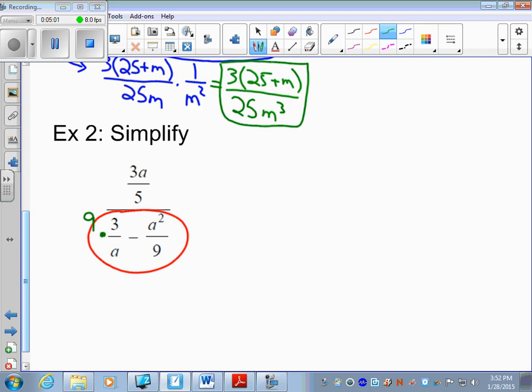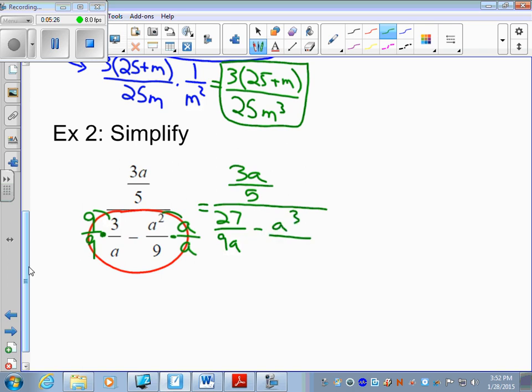So I'm going to multiply each fraction by the other fraction's denominator, and I'm going to rewrite everything. 3a over 5, big division. 9 times 3 is 27 over 9a, minus 8 times a squared is a to the third over 9a.